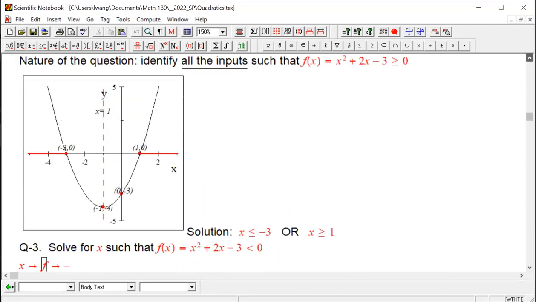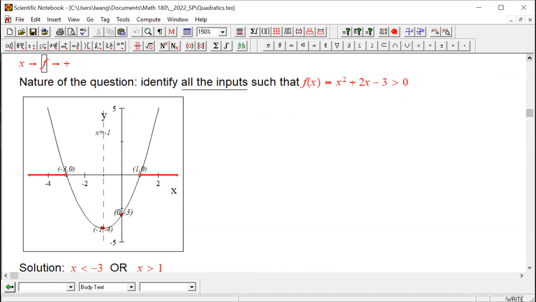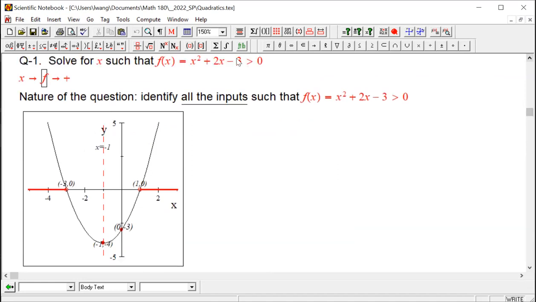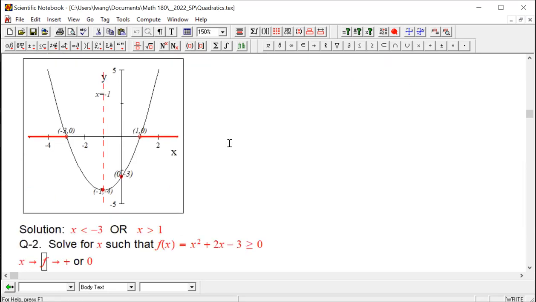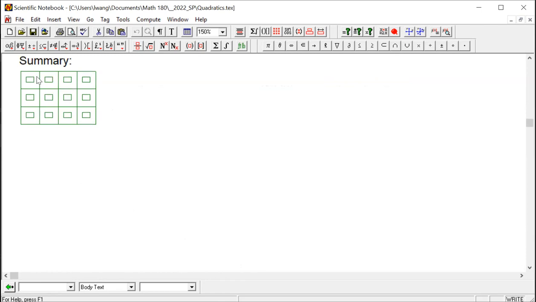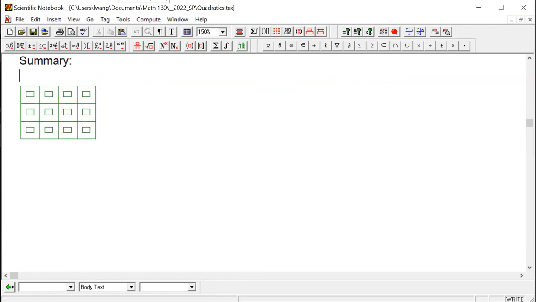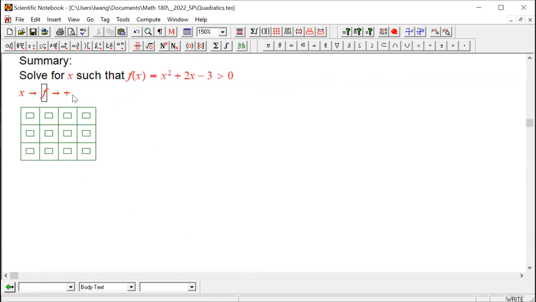So we have these four questions. Question number 1: solve for X such that this is positive.